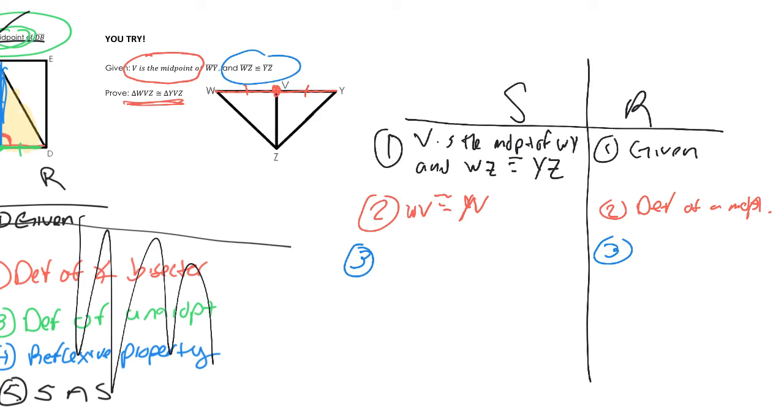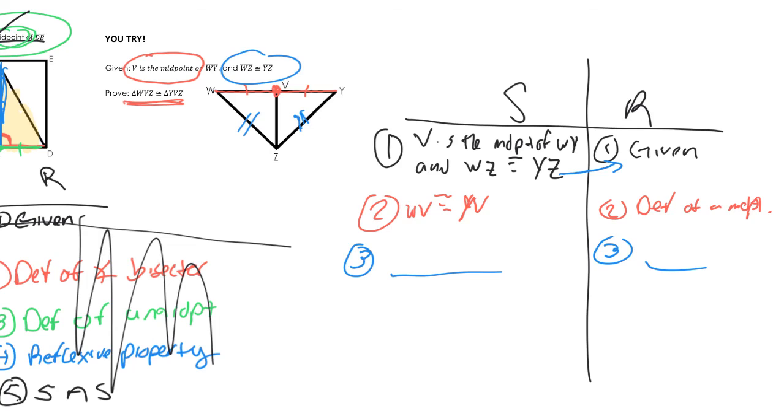So I look at my next given. WZ, YZ are equal. They just straight up tell me that. So I already wrote that down here, and that's given to me. I don't need to write any reason or statement under here. It's already done for me. They just gave me that one. All right, so let's go to step 3 for real, because I didn't need to write anything there.